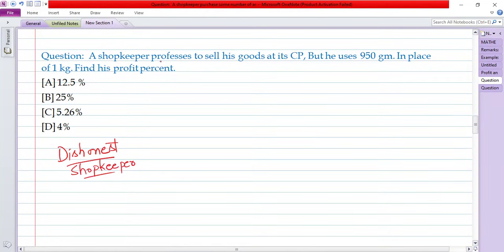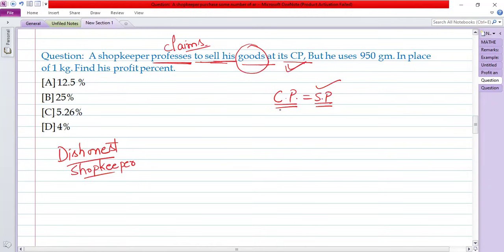Here a shopkeeper professes, means he claims to sell his goods at CP, means he is claiming that his cost price and selling price are the same. But actually he uses 950 gram in place of 1 kilogram. That's why he is dishonest. So what is his profit percent?